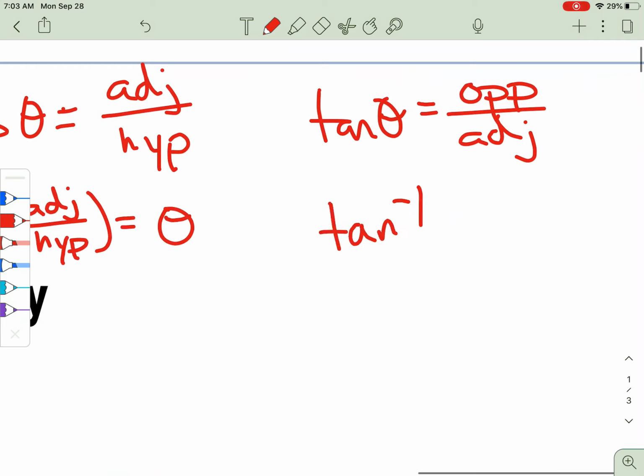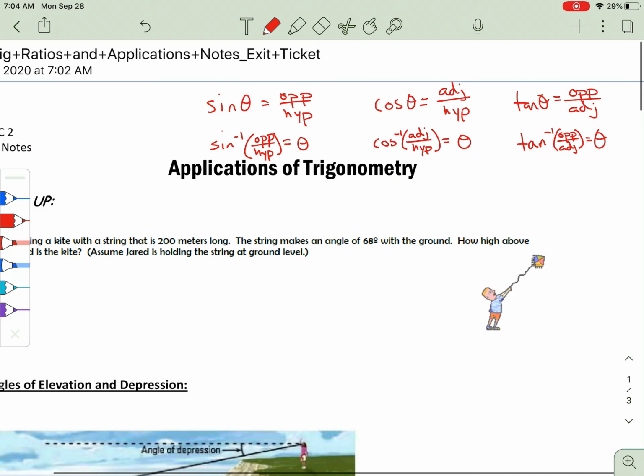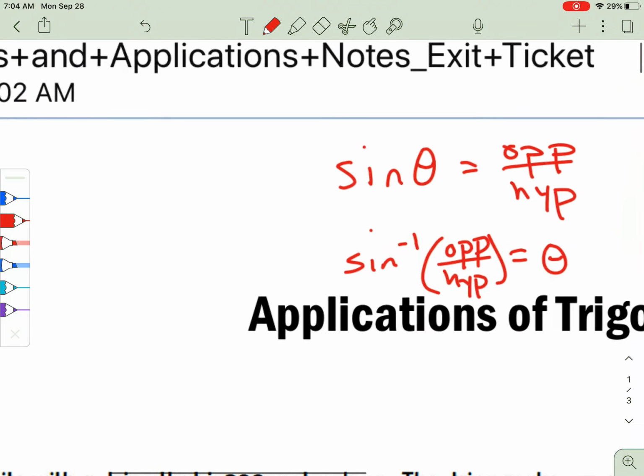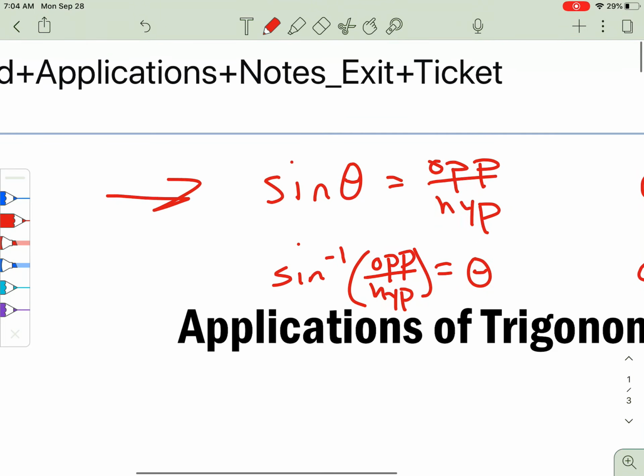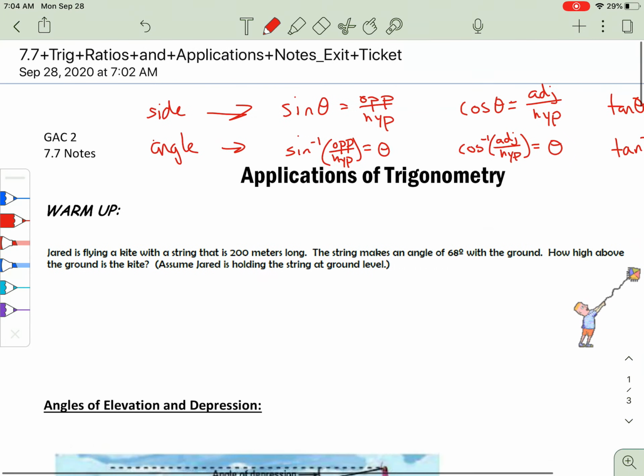And tangent's inverse, oops, did that incorrectly. Tangent's inverse is opposite over adjacent, and that's equal to theta there. Okay, so it depends on what they want. If they want a side, then you're going to use these for a side length. If they want the angle, you're going to use inverse.